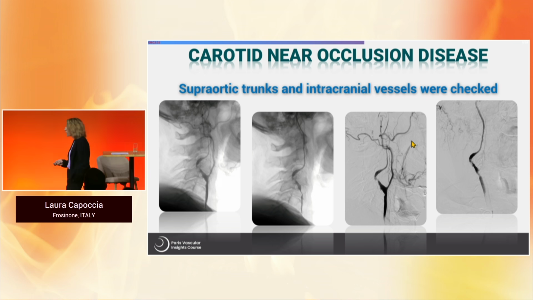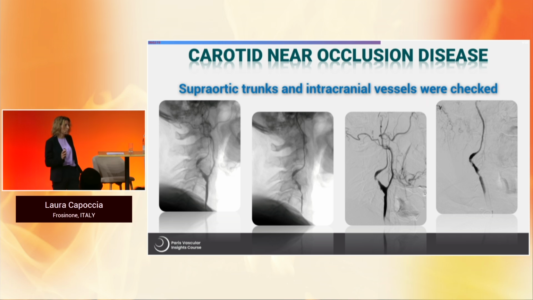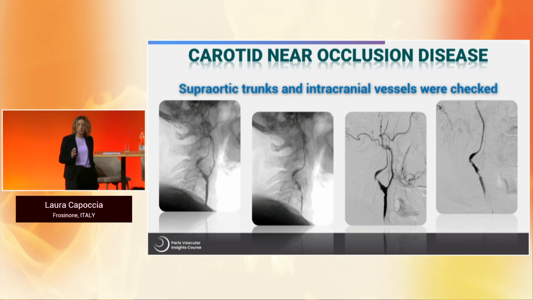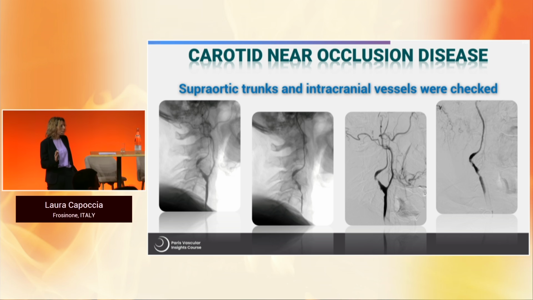So we had the doubt: does this carotid artery still have a role in the blood flow supply to the brain or not? I don't know if we can consider this patient completely asymptomatic or not, but for sure it is not simple to define whether he had recurrent symptoms or not.